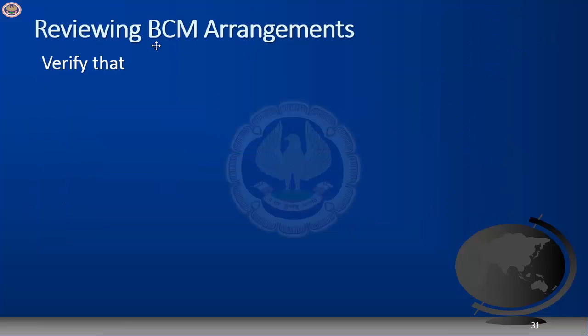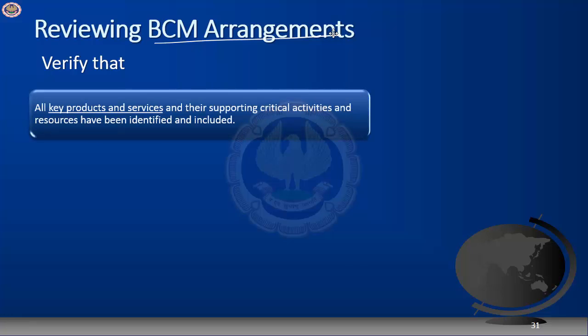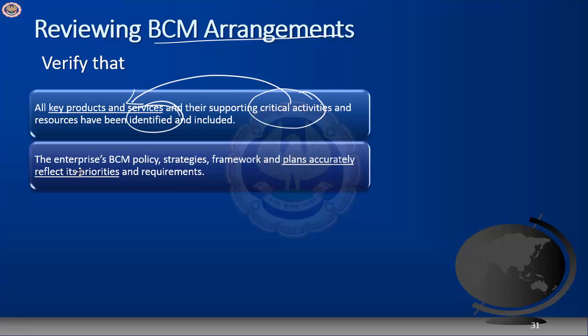So when you're looking at a BCM arrangement, let's look at what it is that you're going to verify. Verify that all the key products and services and the supporting critical activities which are required to provide these products and services have been identified and included in the BCM. You also need to look at the BCM policy and the strategies, framework, etc. to check whether they actually meet the priorities and the requirements.